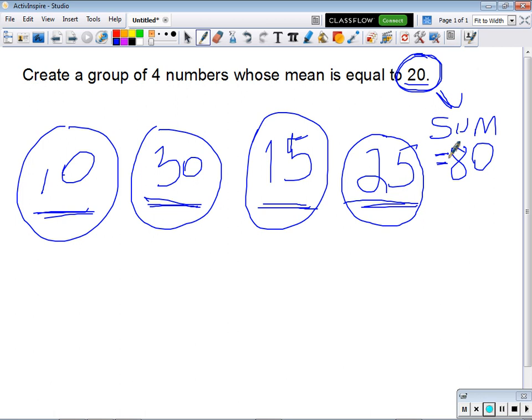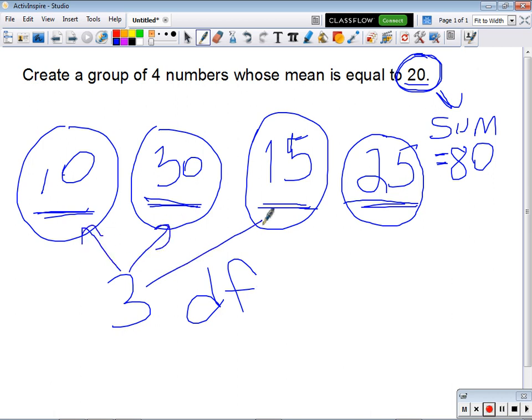So with 4 numbers, I have 3 degrees of freedom, and I'm going to abbreviate this with df, and you'll see that when we talk about t-distributions. This problem has 3 degrees of freedom because I'm free to make up 3 numbers, but the 4th number has to be a certain value that makes this true.